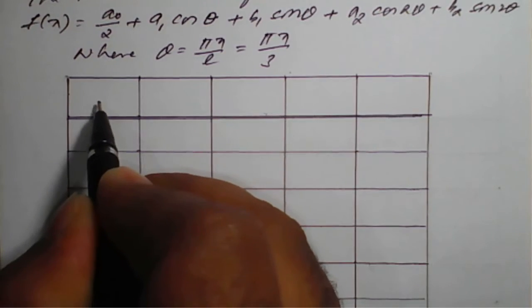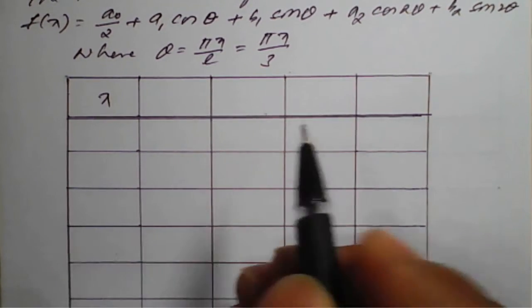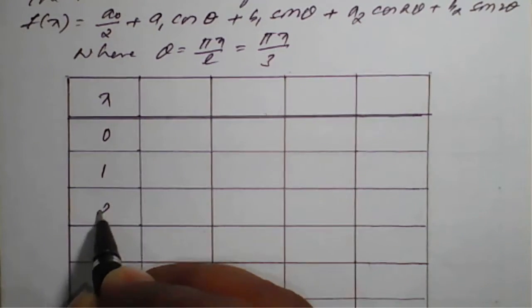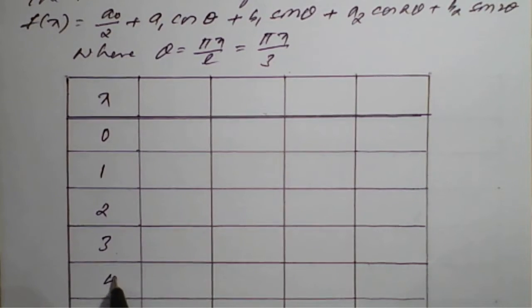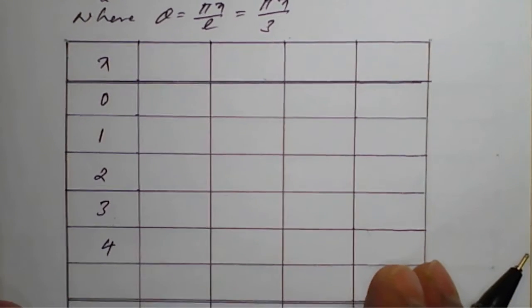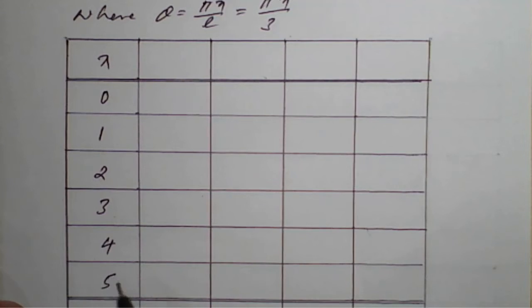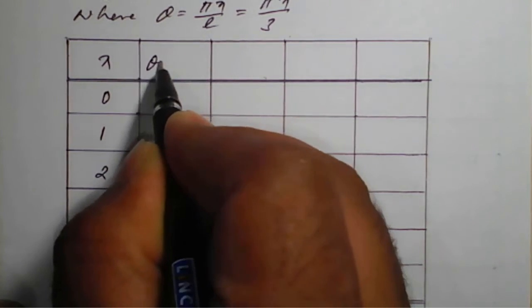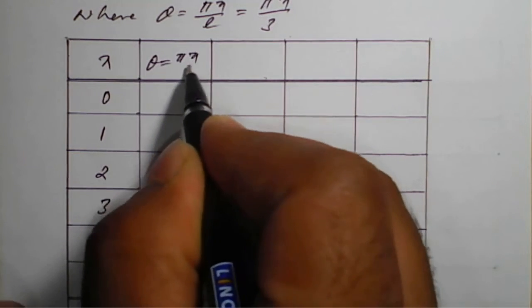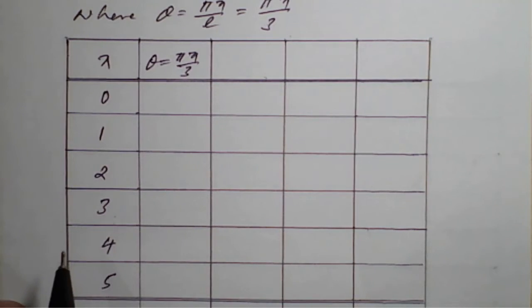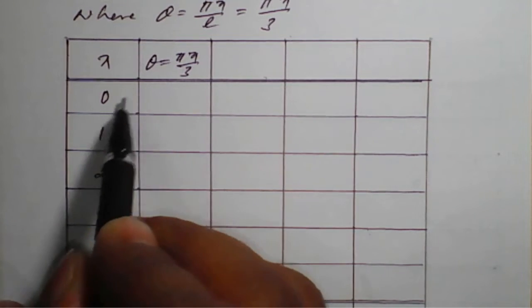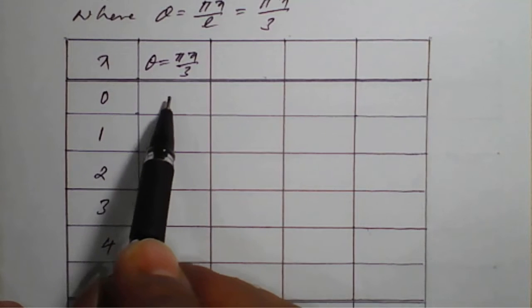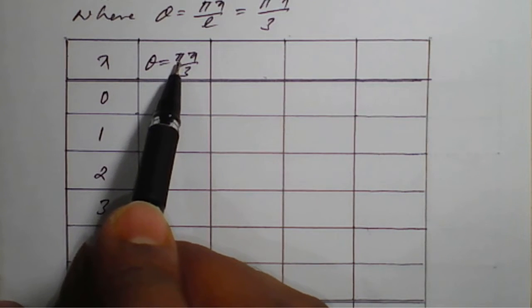The columns are: first the x value, which is 0, 1, 2, 3, 4 and 5. Next we need to find the theta value immediately. Theta is nothing but pi x upon 3. While finding theta, you treat pi as 180.